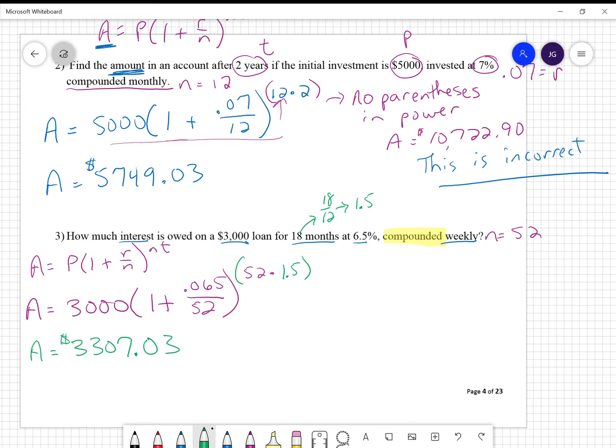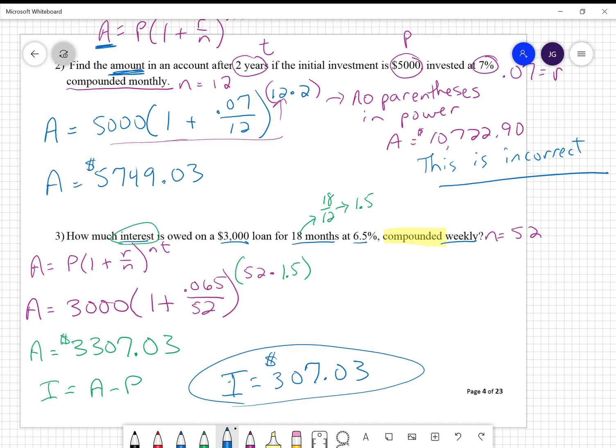Okay, I want interest. Well, interest is equal to A minus P. So interest is equal to $3,307.03 minus $3,000. $307.03. Okay.